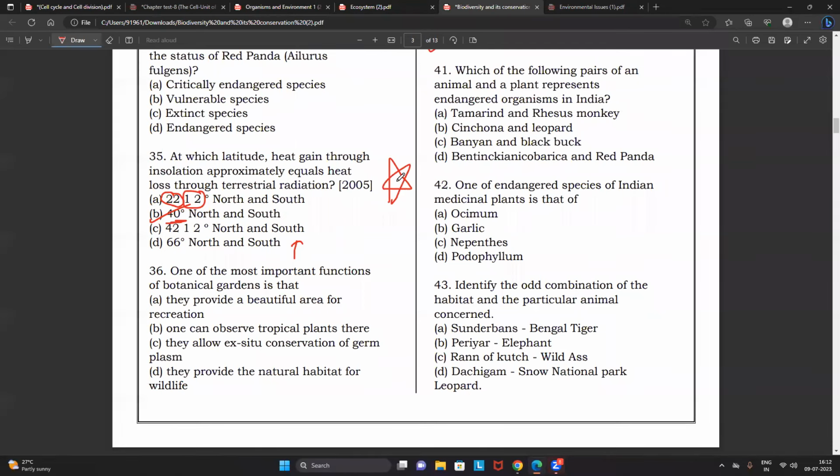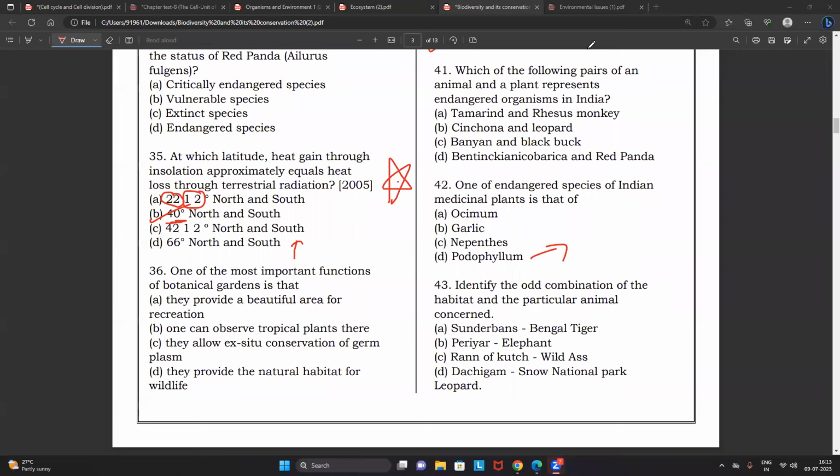Think and answer. One of the endangered species of Indian medicinal plant is that of. All of you think and answer this question. See, what is that? Podophyllum.